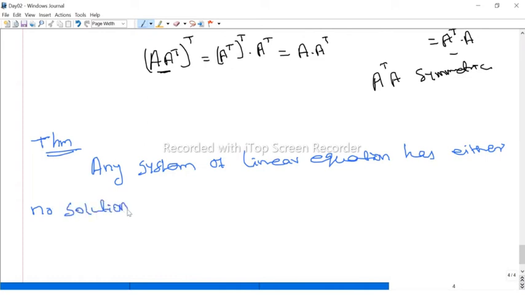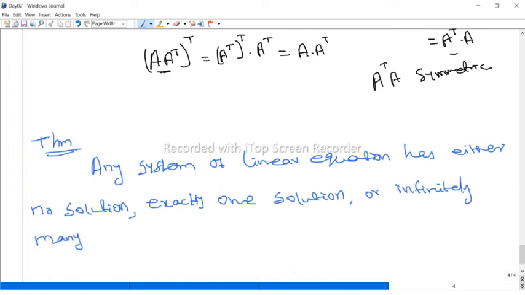If it exists, maybe exactly one solution exists, or infinitely many solutions. So any system of linear equations has either no solution, or exactly one solution, or infinitely many solutions. There are only three possibilities for any system.